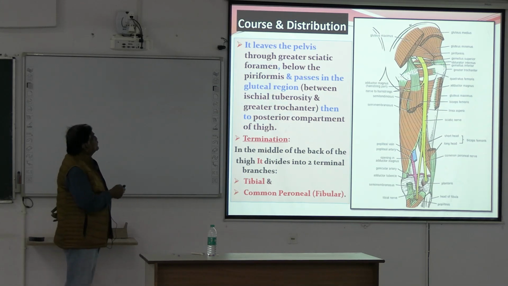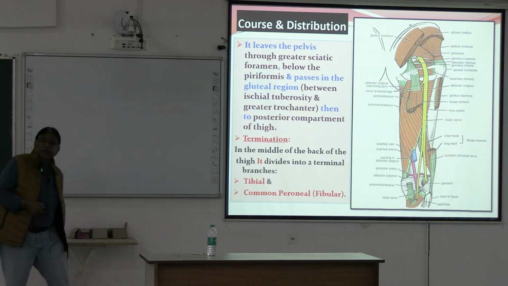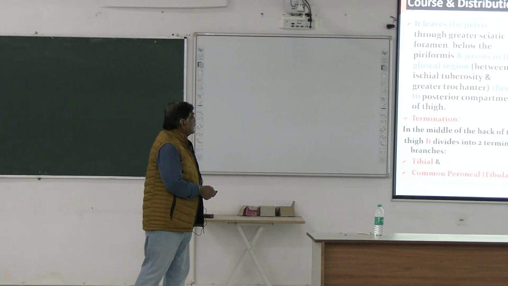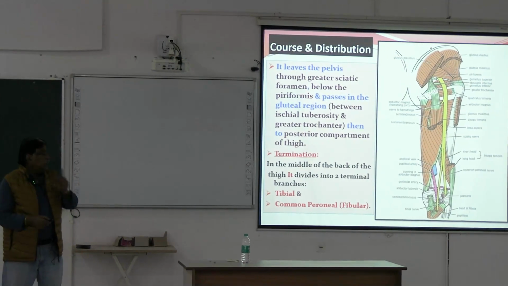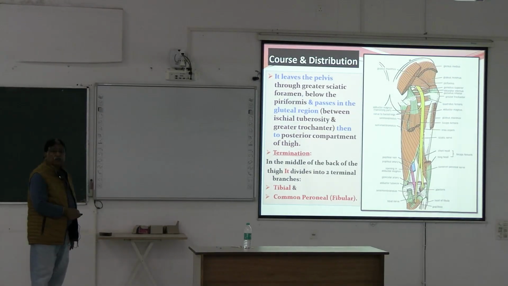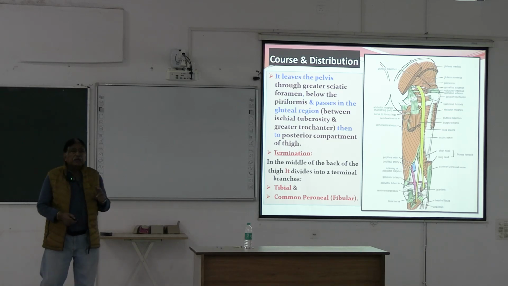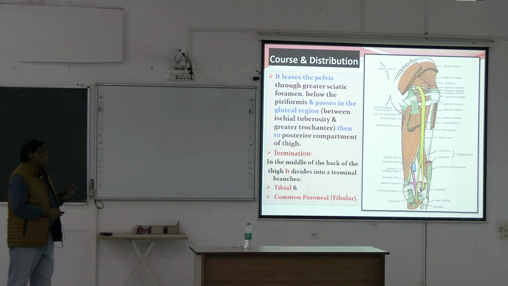So in course and distribution, it leaves the greater sciatic notch, passes in the posterior compartment of the thigh, and terminates in the middle of the back of the thigh, dividing into two terminal branches, tibial and common peroneal or fibular. But we more commonly use the terminology tibial and common peroneal nerve.